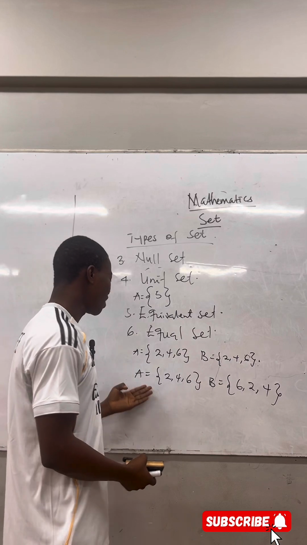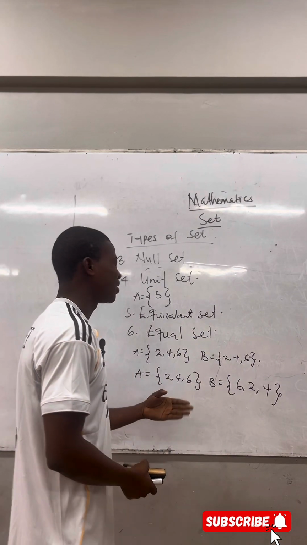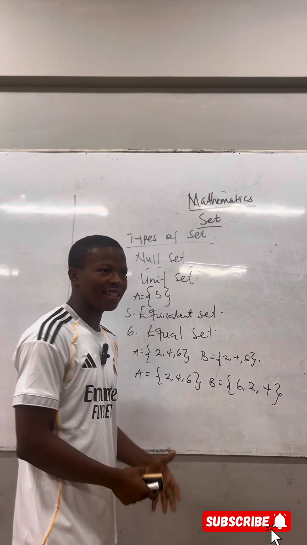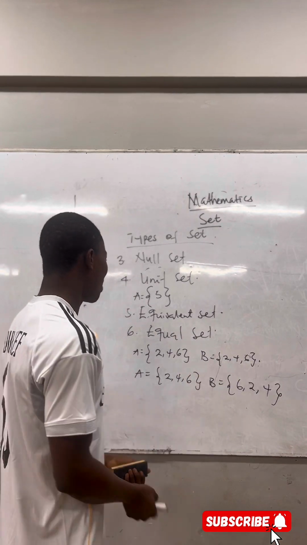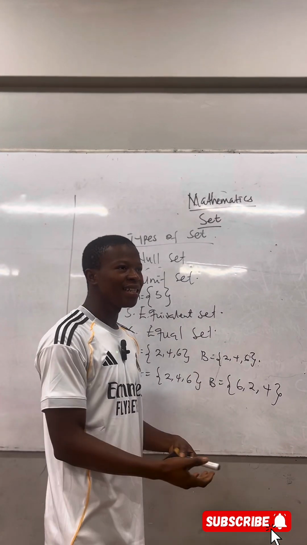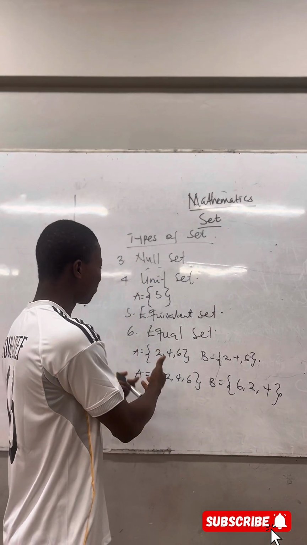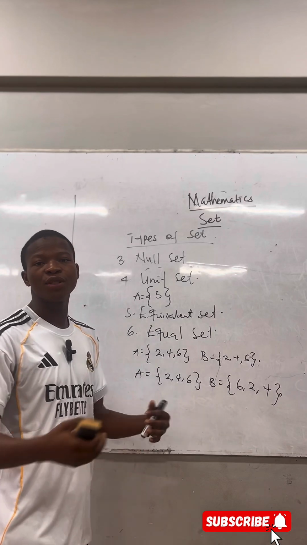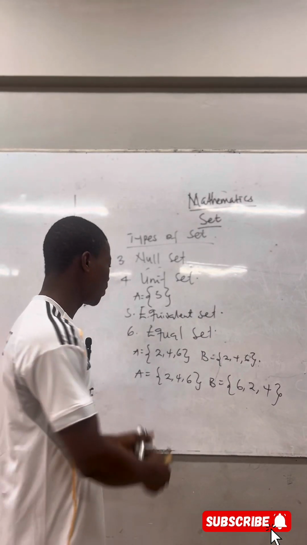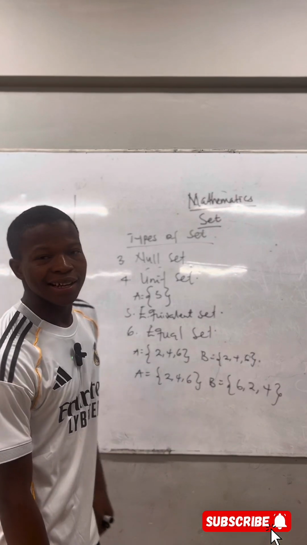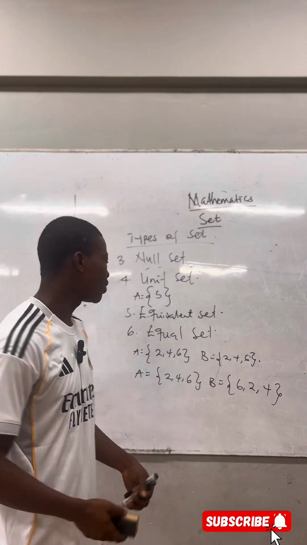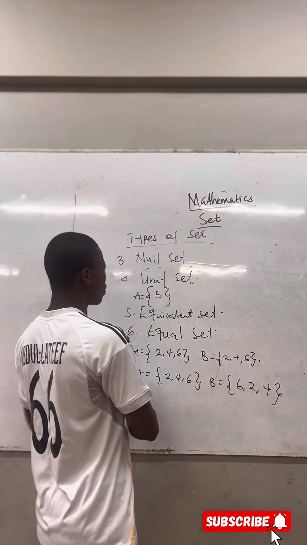So we say that this is an equal set. These are the basic types that we can have. As we are moving on, we'll still be talking about some of the types of sets, and about a lot of them as we continue with our discussion.